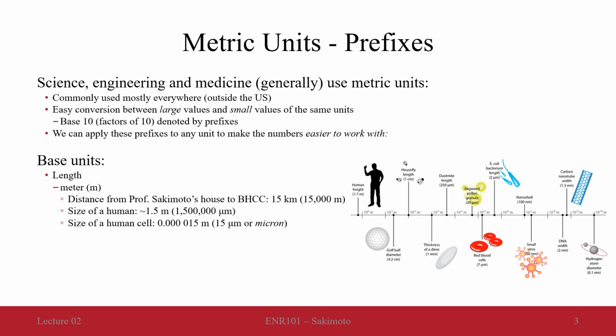Again, as engineers, it behooves us to have a rough idea of the different length scales or the different orders of magnitude of these fundamental units. What does a kilometer look or feel like? What is a meter versus a nanometer or micrometer?